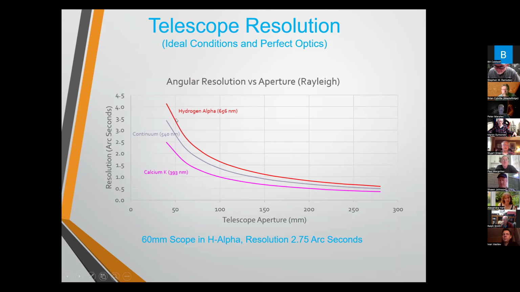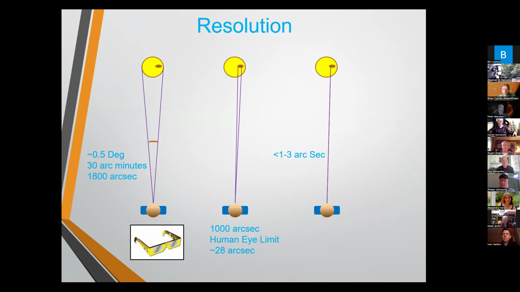But also as you change the wavelength, so if you're imaging in hydrogen alpha, for example, with a scope with an aperture of 50 millimeters, then you could expect, under ideal perfect conditions with perfect optics, to achieve a resolution of around about 3.5-ish arc seconds. So going back to this, that angle, if you like, would be 3.5 arc seconds.